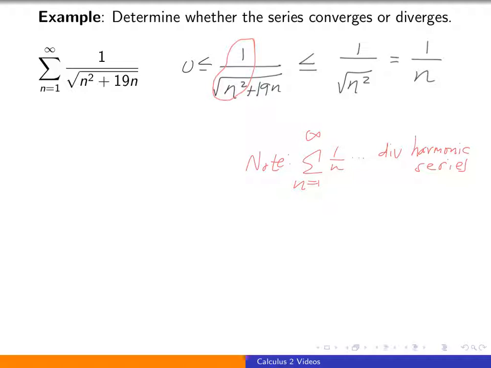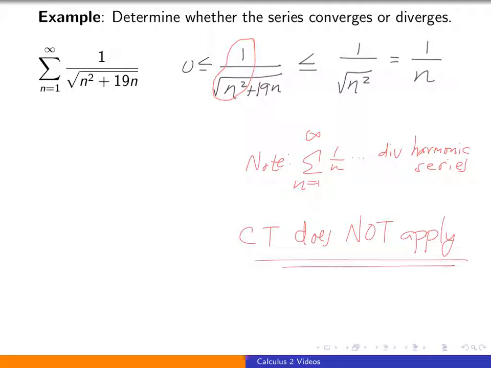And in this case, the comparison test does not help us. The reason being is if a bigger quantity diverges, we don't know anything about a smaller quantity. We can only use the comparison test for divergence if we know a smaller thing diverges, then anything bigger than it diverges. So what do we do when we want to apply the comparison test, but the inequality is not going in the right direction?